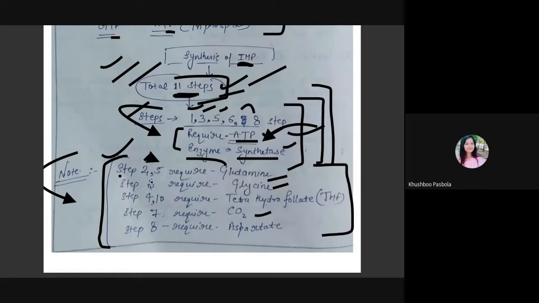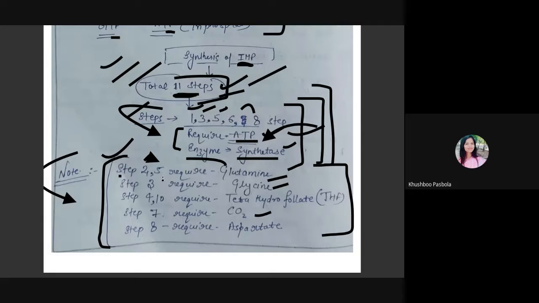Now step second and fifth require glutamine, which is an amino acid. Step third requires glycine, which is again an amino acid. Steps fourth and tenth require THF, that is tetrahydrofolate. And step 7 and 8 require what? Step 7 requires carbon dioxide, and step 8 requires aspartate. So they are all what? Amino acids.